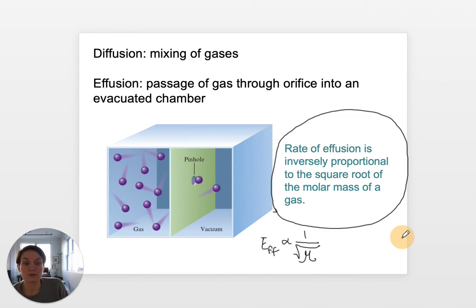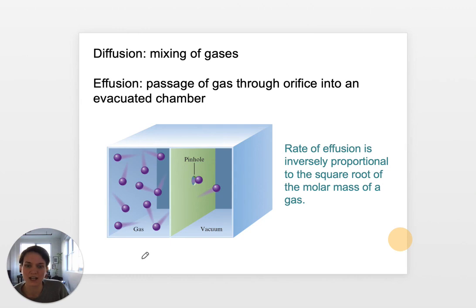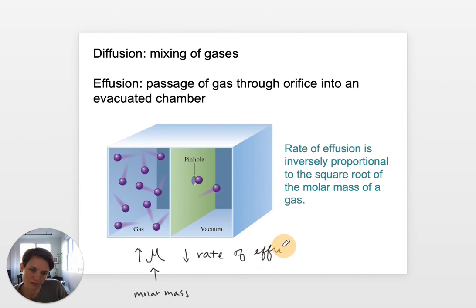So what that really means is that the higher the molar mass of a gas, the slower, the lower the rate of effusion. That has to do with kinetic energy and velocity of a mass in motion.